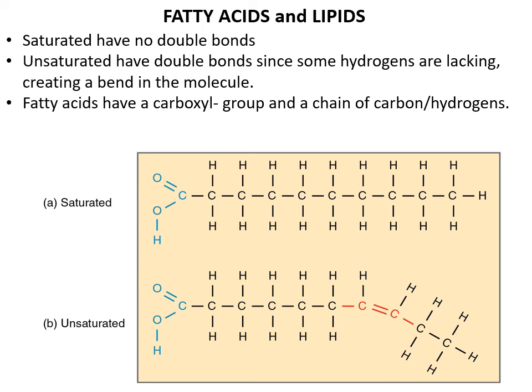So if you see the red area of the unsaturated fatty acid, you can see that there's a double bond there, and it's completing the fact that those carbons still have 4 bonds. And when a fatty acid is unsaturated, it bends it. Okay, so it's not as linear as a saturated fatty acid. It tends to kink it a bit and change its direction.